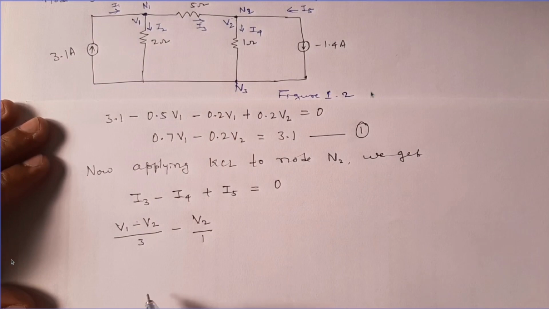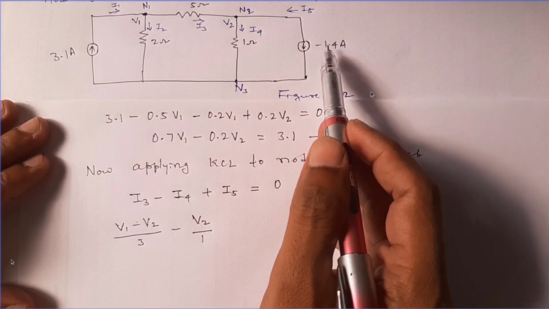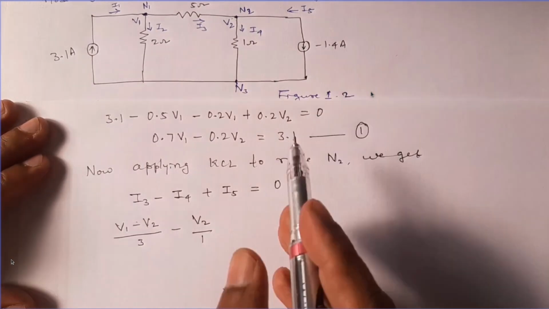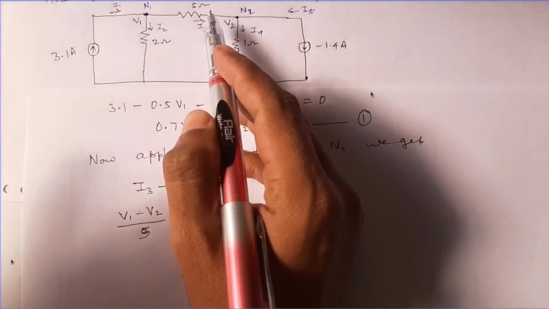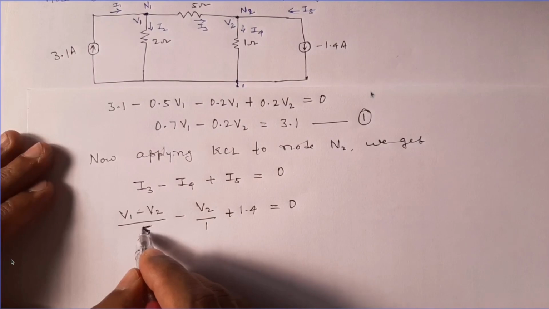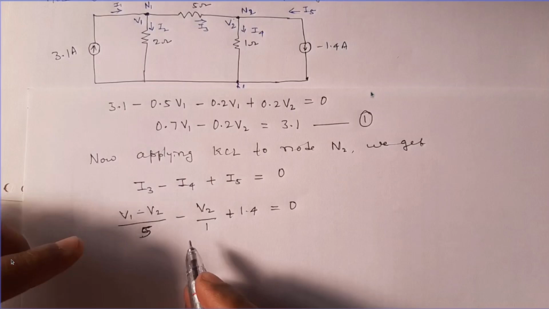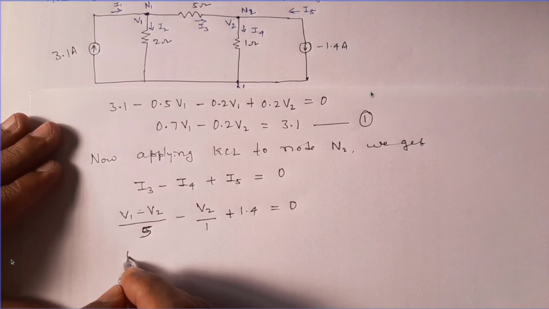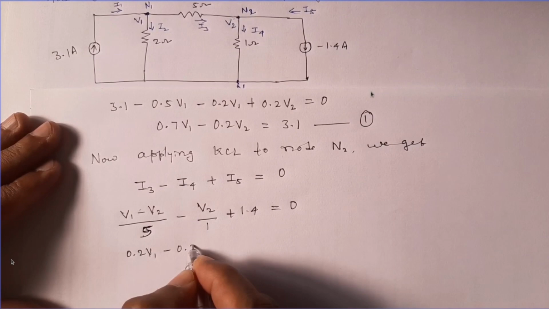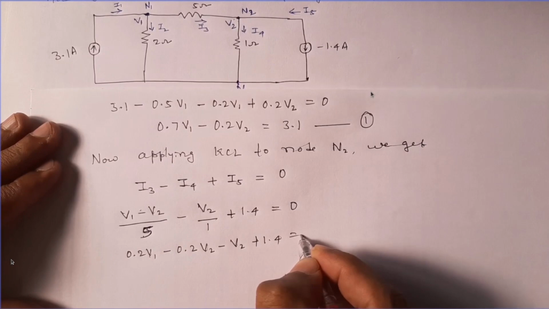And I5, because I have taken it opposite of this current source, it is negative, so I5 will be positive, plus 1.4, is equal to 0, right? So I am going to write this as 0.2 V1 minus 0.2 V2 minus V2 plus 1.4 equals 0, right?